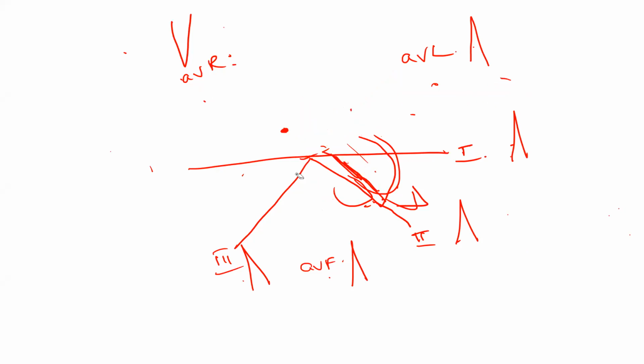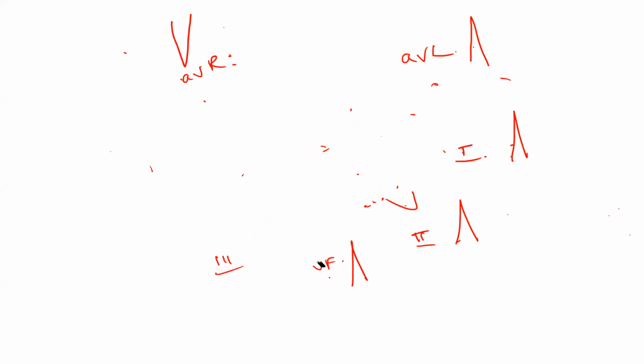Now I'm going to draw a heart which has got a different axis. Now you tell me the deflection and tell me how to identify what axis it is. Okay, so this is lead 1. Now the heart is tilted like this.